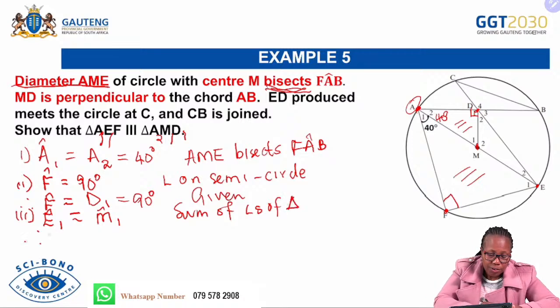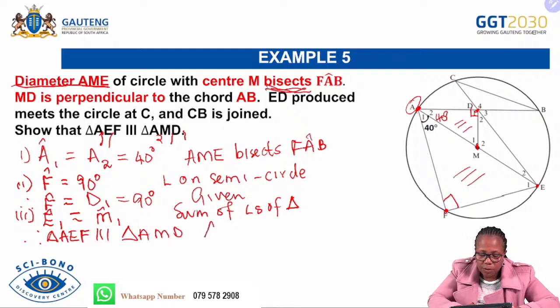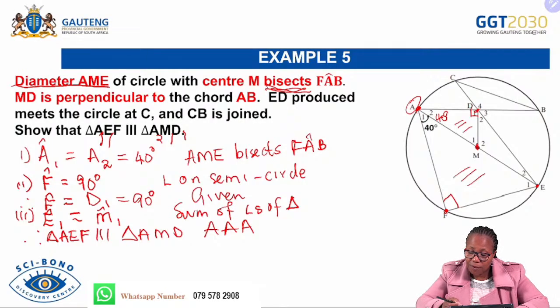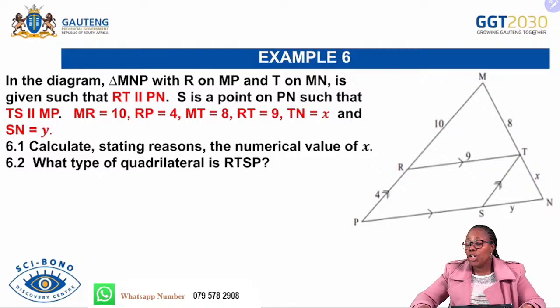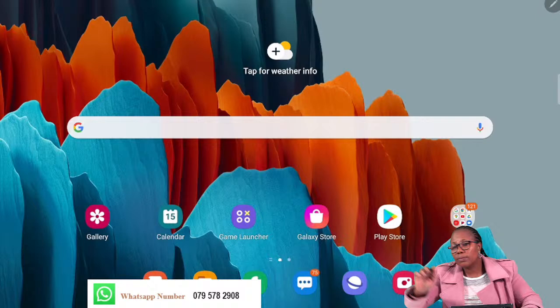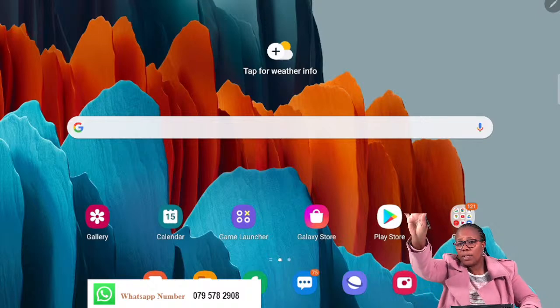Therefore, triangle AEF is similar to triangle AMD because of equiangular triangles. Okay. Moving forward, here we were infusing circle geometry into your similarity now.